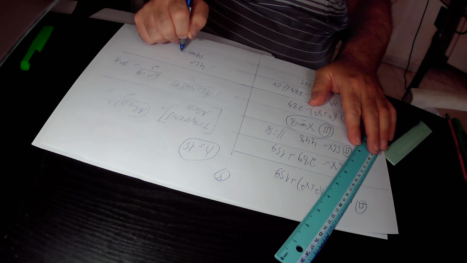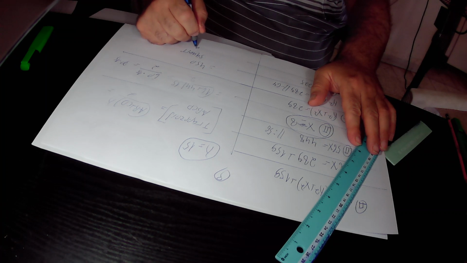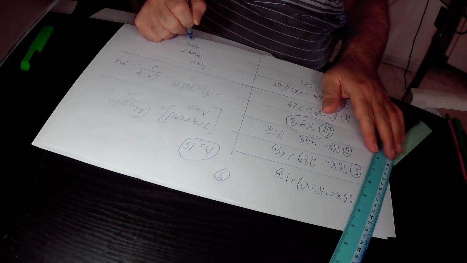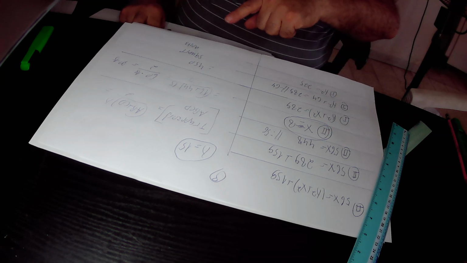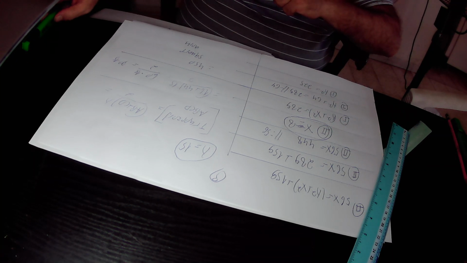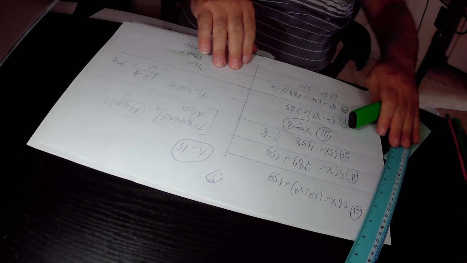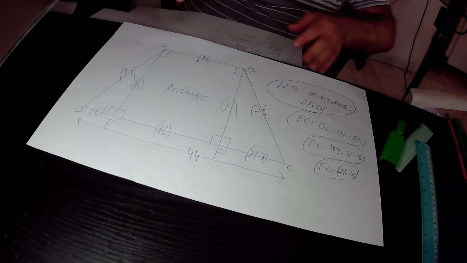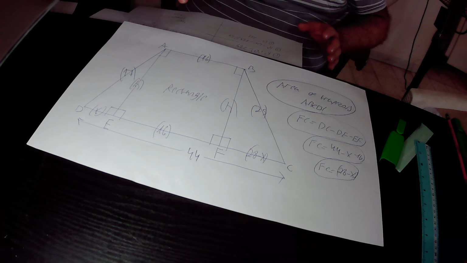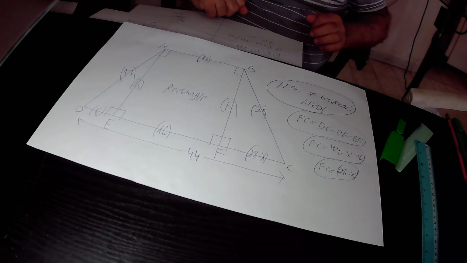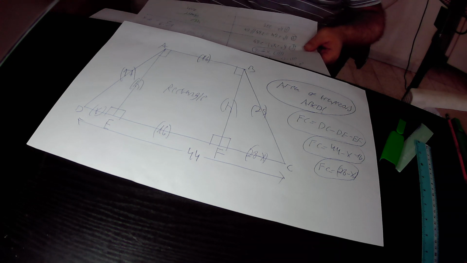So we found out that the area of trapezoid ABCD is equal to 450 square meters. So we finish with the second question.